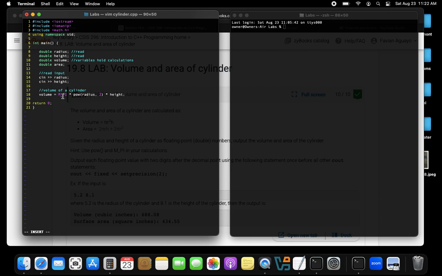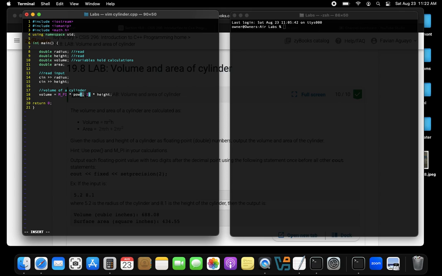Otherwise, it's not going to make sense to the compiler. Alright, now M_PI, this just means pi. That's all it is. And then here is power. The radius is your base. The 2 is your exponent.